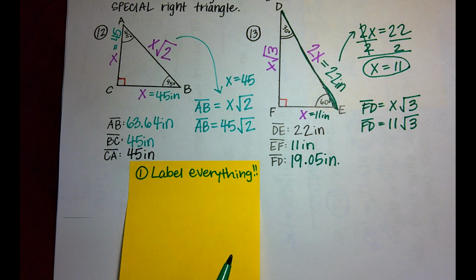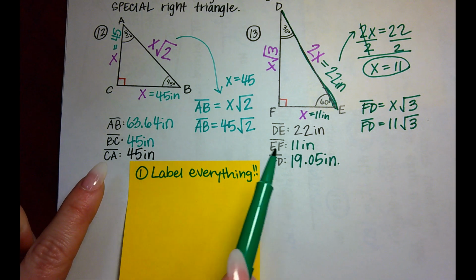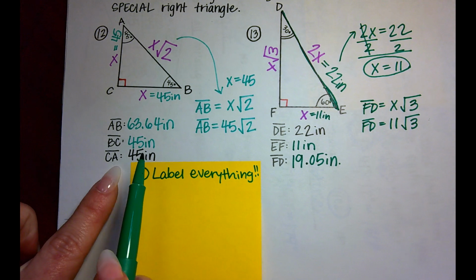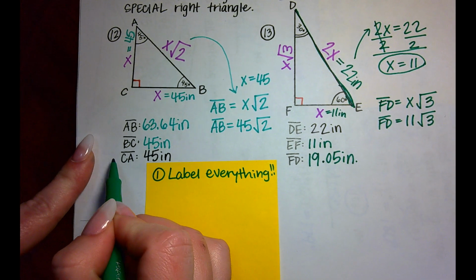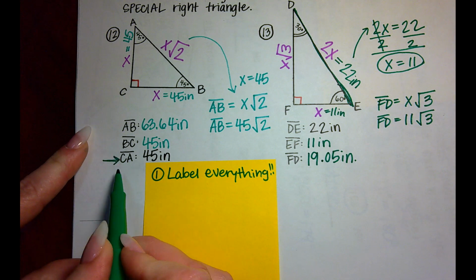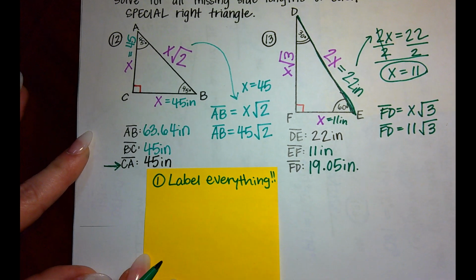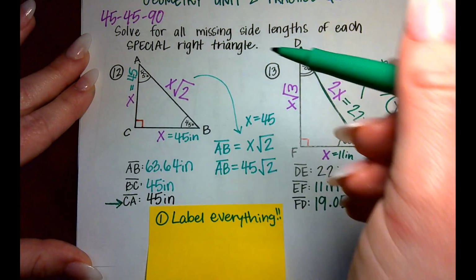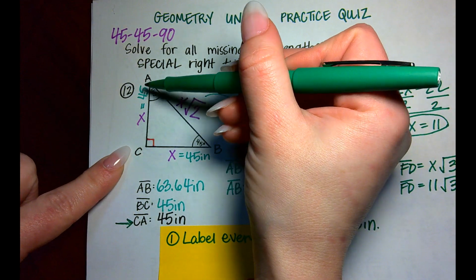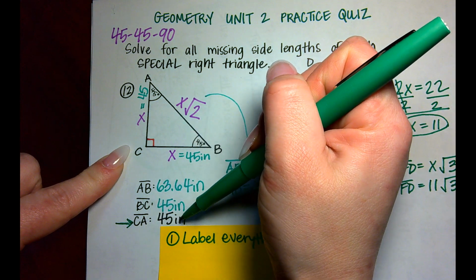The second thing you'll be labeling is whatever side length they give you. So, for example, in number 12, this was what the problem told us, that CA is 45 inches. Now, let's assume that we had already labeled our x's. So I knew right here, CA is x, but they also just told me CA is 45.